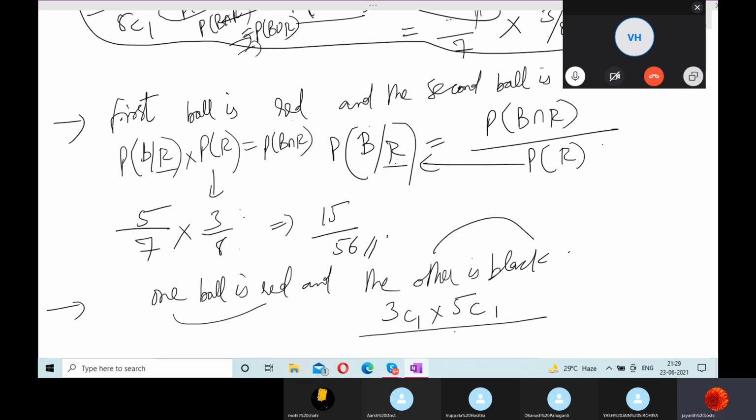Now, how many balls are there in total? 8 balls. 8C2. So let's solve 8C2. 8 factorial by 8 minus 2 factorial into 2 factorial. So 8 into 7 into 6 factorial by 6 factorial into 2 into 1.